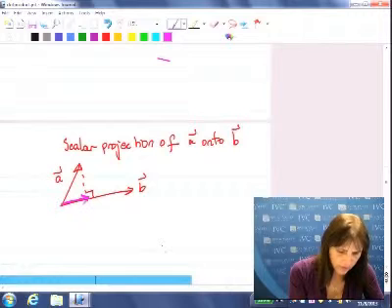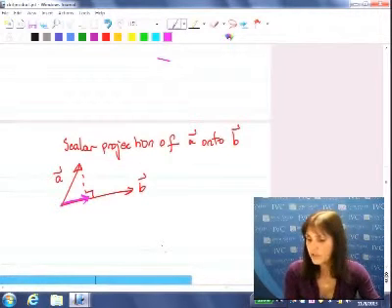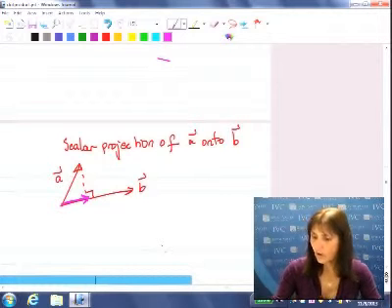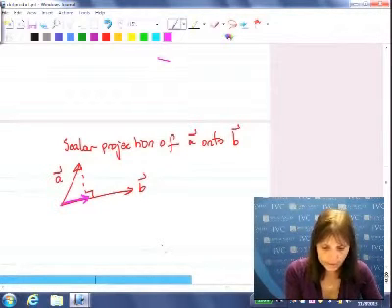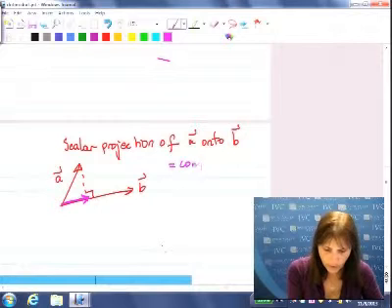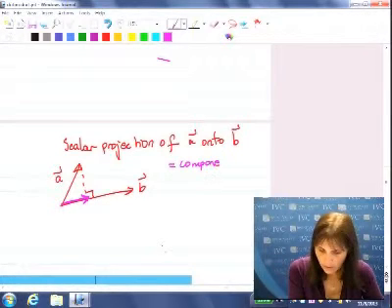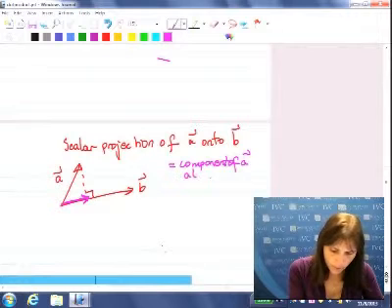This is the scalar projection of A onto B. Or you can call that the component of A along B.